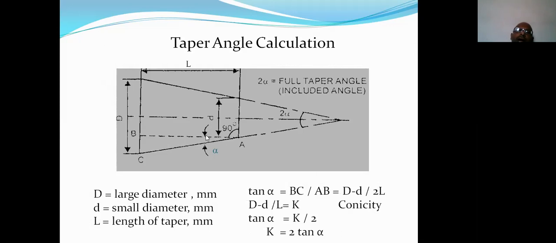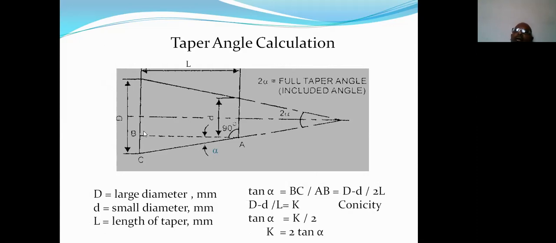So now this particular alpha is calculated by using the relation between the opposite side BC and the adjacent side AB. So tan formula: opposite side by adjacent side, that means BC by AB. Just now we discussed BC is half of the difference of larger diameter to smaller diameter.